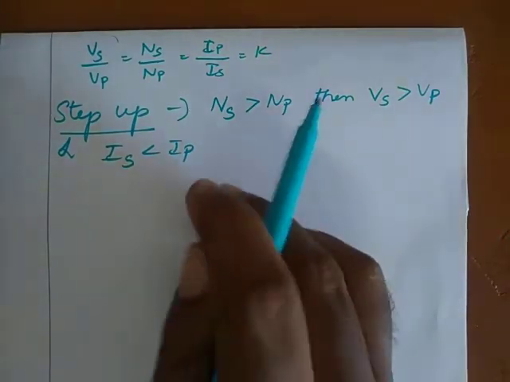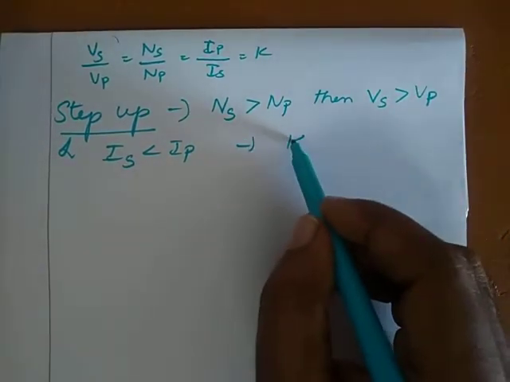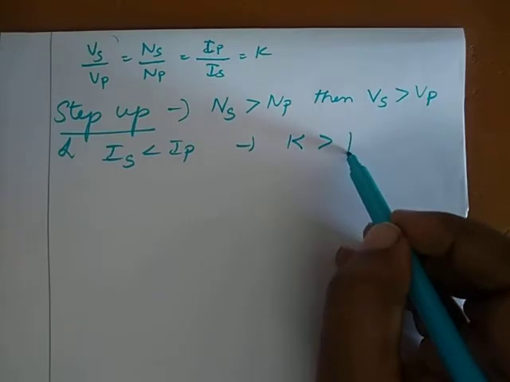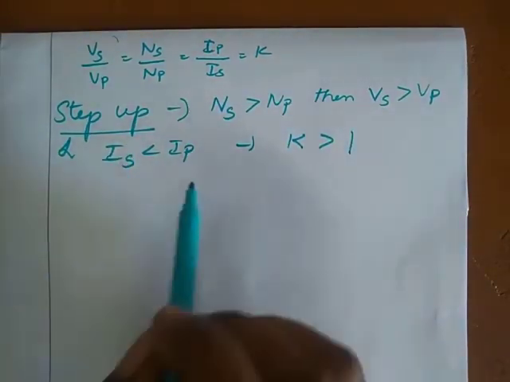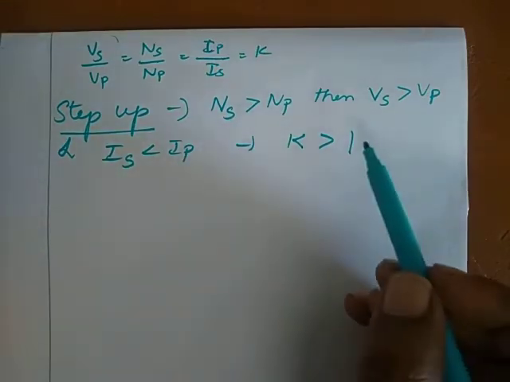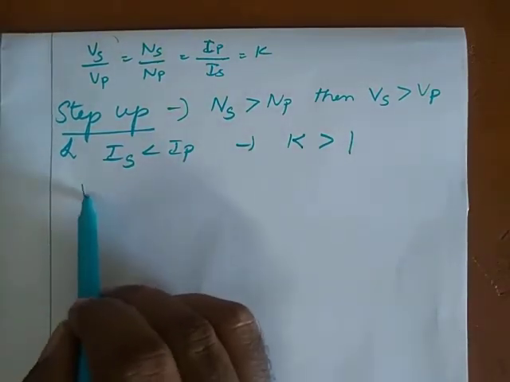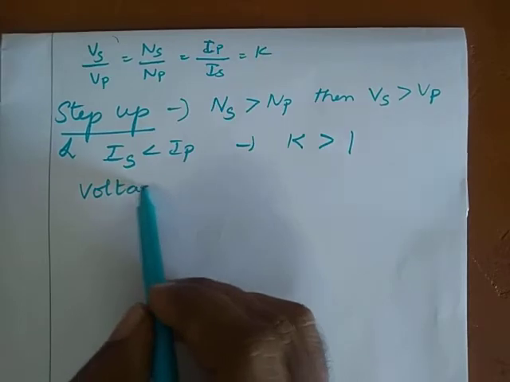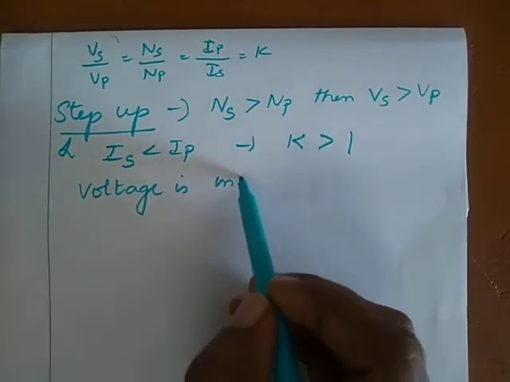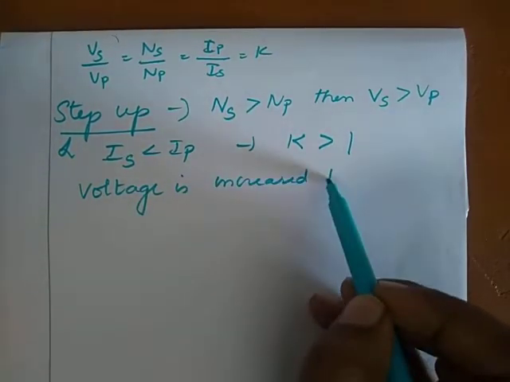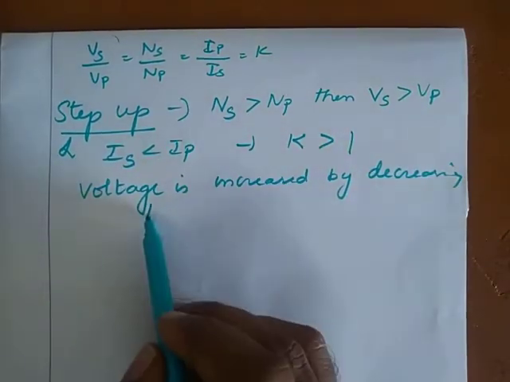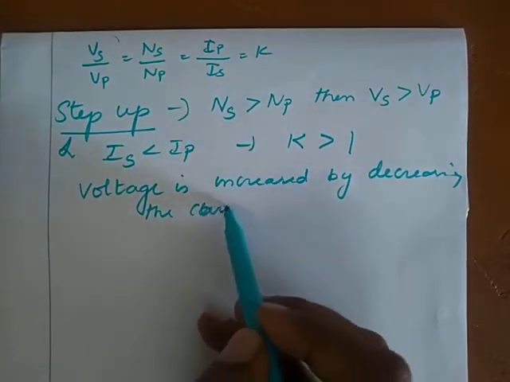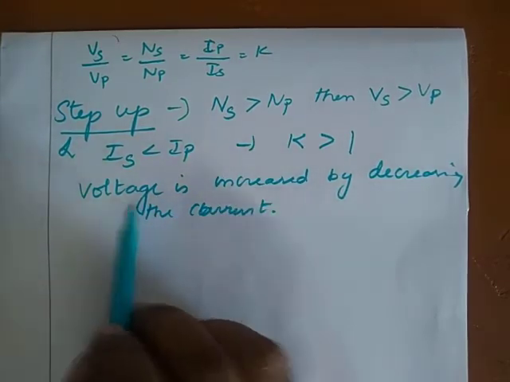For this case the transformer ratio k is greater than 1. For a step up transformer the voltage is increased by decreasing the current.